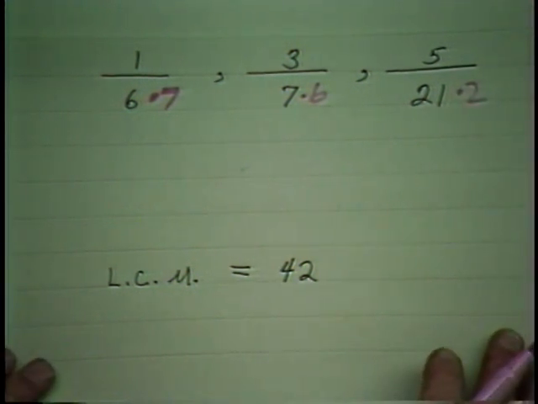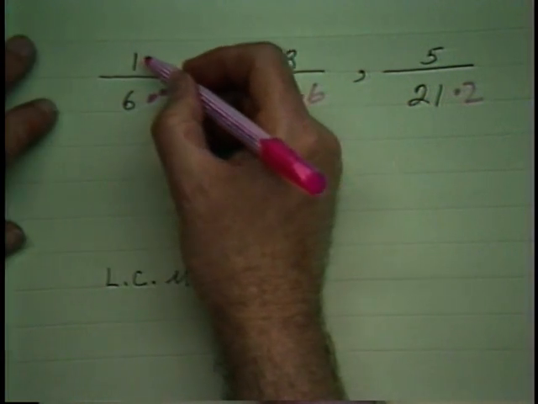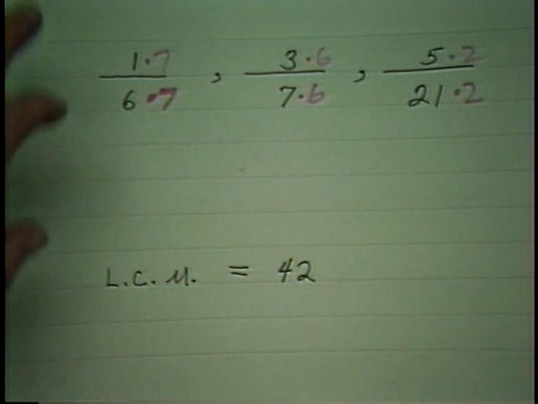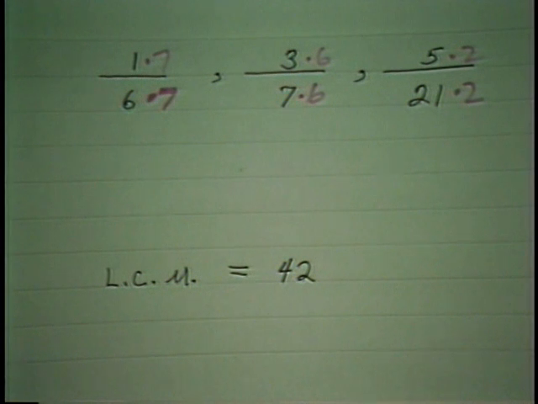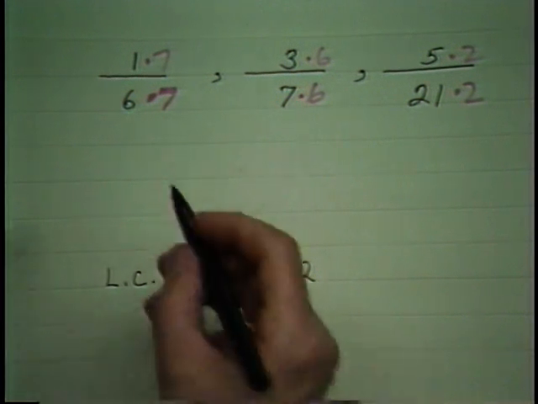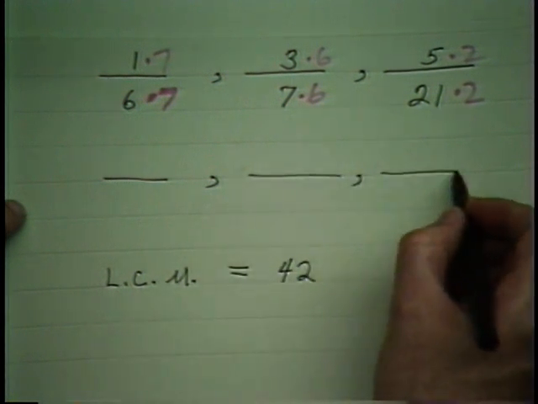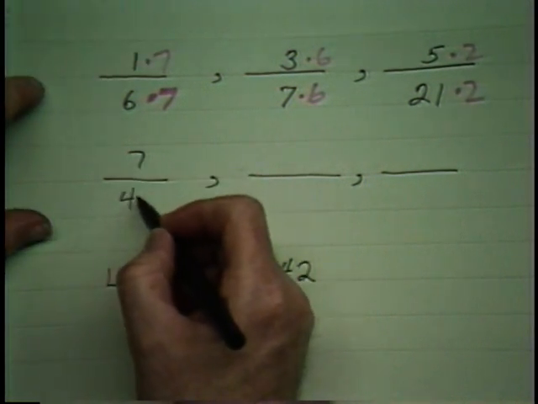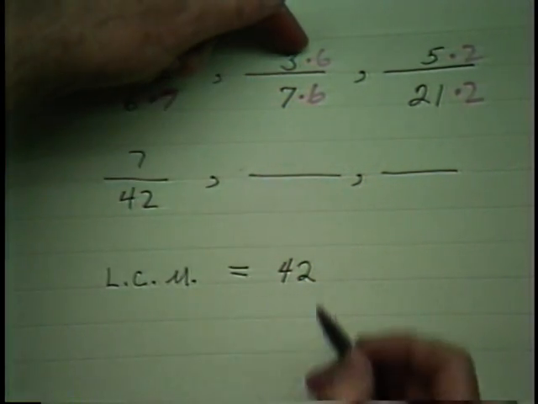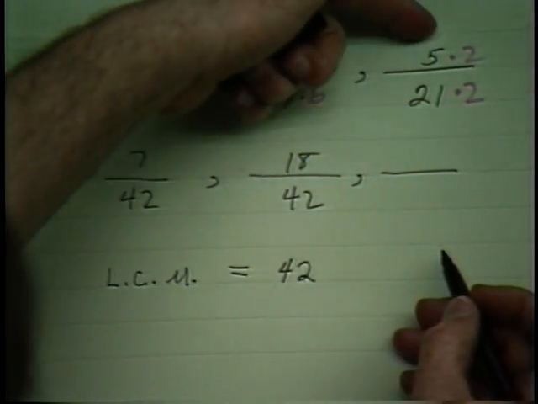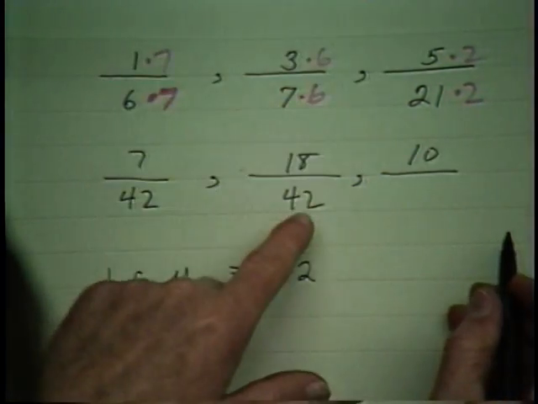But now our fraction building law says I can multiply top and bottom by the same thing anytime, anywhere I wish. So therefore, transforming these 3 fractions, this one becomes 7/42, this one becomes 18/42 again, and this one becomes 10/42.